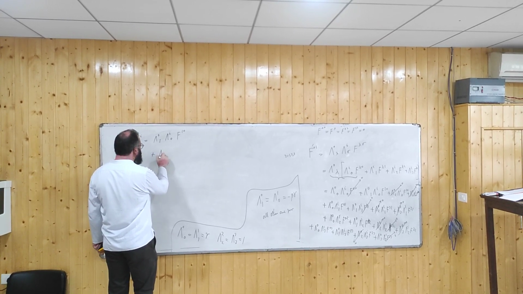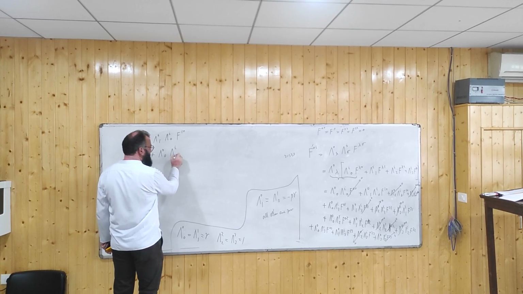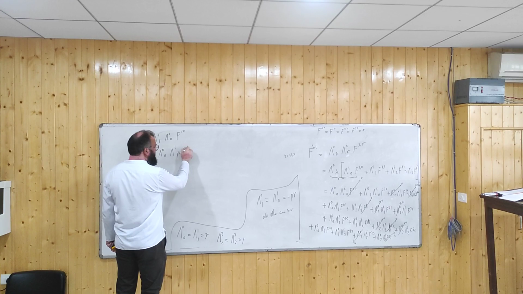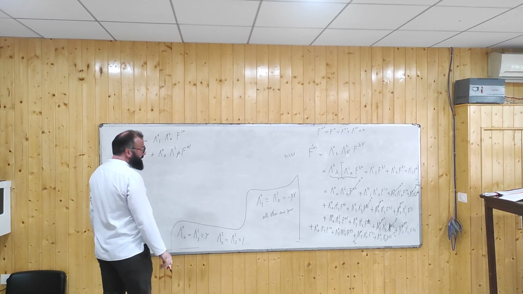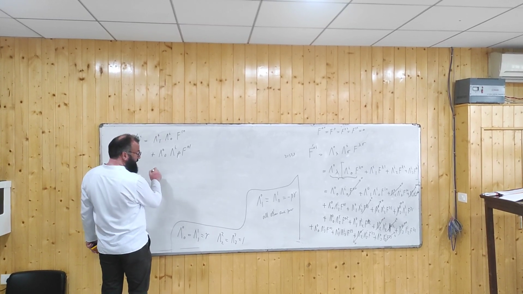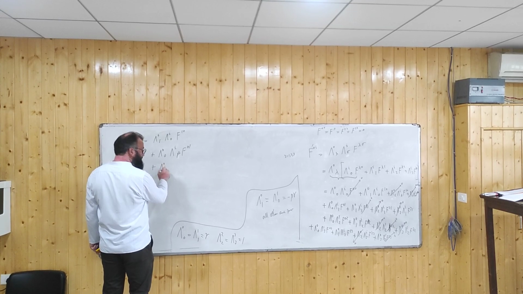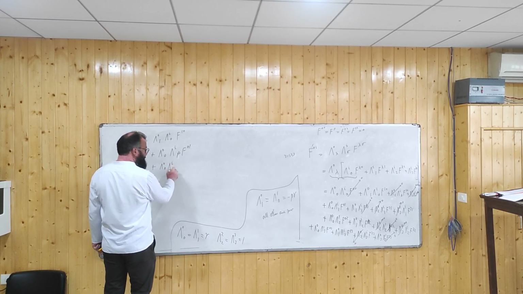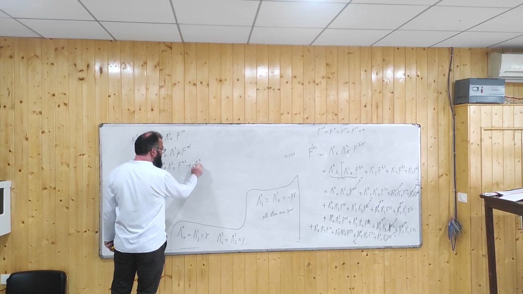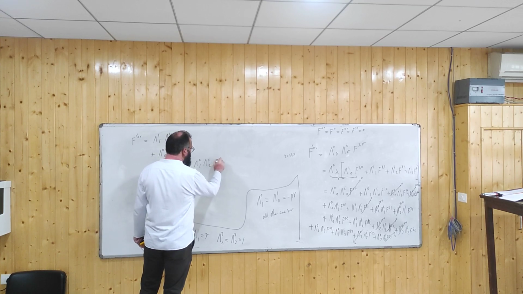Lambda 0 0 lambda i 0, lambda i 1. Then you are having F0 1. Clear? So you are having this very term. In the next row there are two terms: lambda 0 0 lambda i2 F0 2 plus lambda 0 1 lambda i2 F1 2.